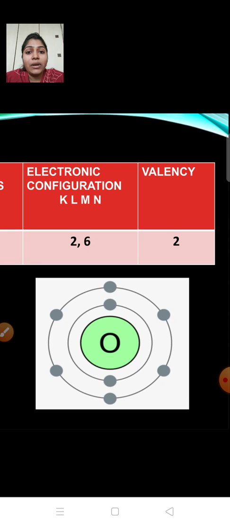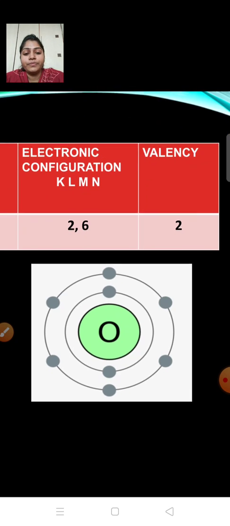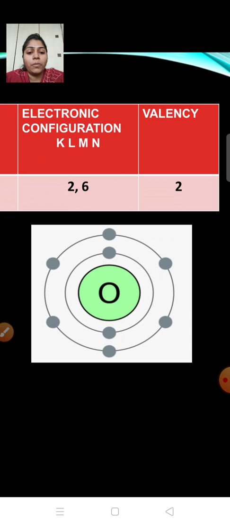So to complete octet, oxygen needs 2 more electrons in its outermost shell. So oxygen will accept 2 electrons and complete its octet and achieve stability. So the valency of oxygen is 2. You can see this is the atomic structure of oxygen.